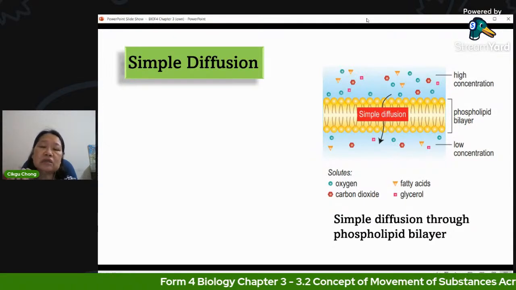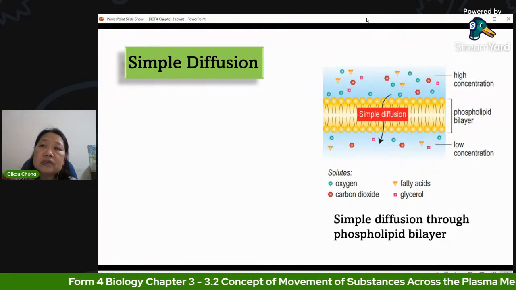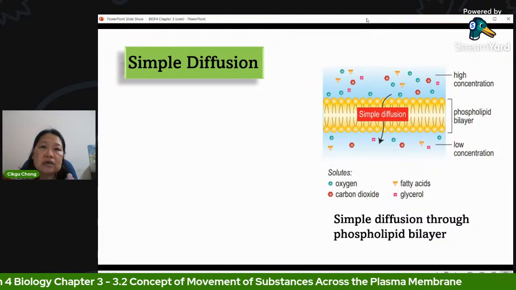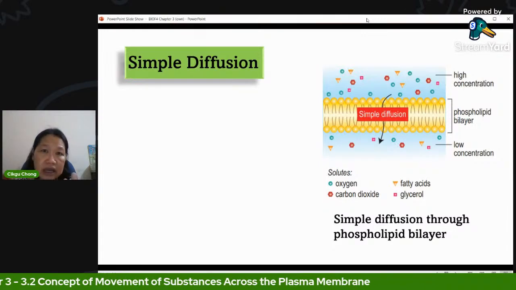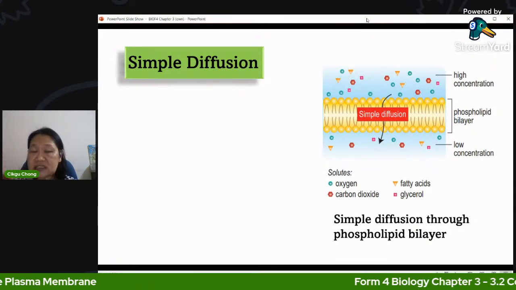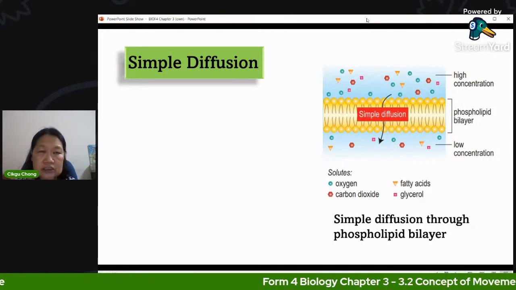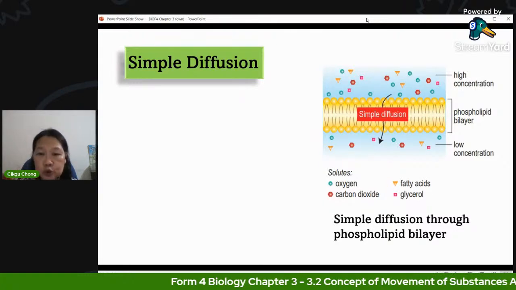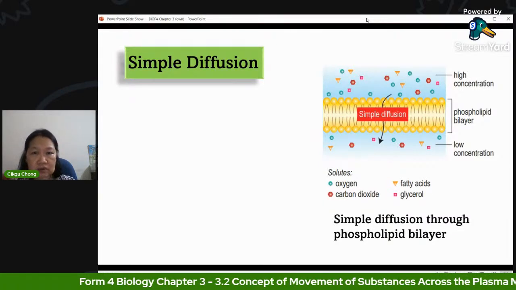And also the lipid soluble molecules like vitamins A, D, E, K, glycerol, steroid, all these also diffuse. Fatty acid, they also diffuse across the phospholipid bilayer through simple diffusion. You must mention the word.